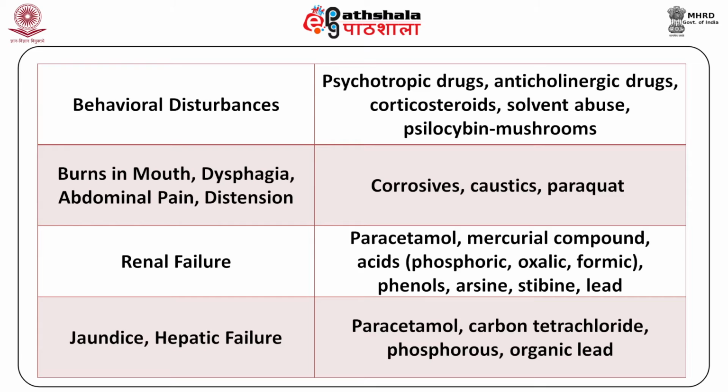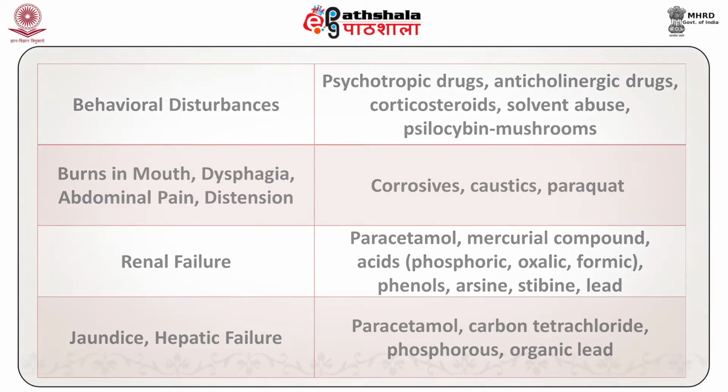In case of burns in mouth, dysphagia, abdominal pain and distension, it is the corrosives, caustics and paraquat. For renal failure, it is because of paracetamol, mercurial compound, acids such as phosphoric, oxalic, formic and phenols, arsine, stibine and lead also. In case of jaundice, hepatic failure, it is because of paracetamol, carbon tetrachloride, phosphorus and organic lead.